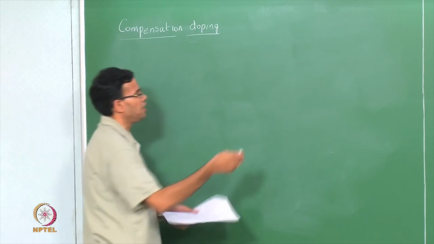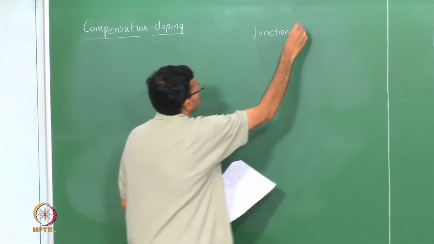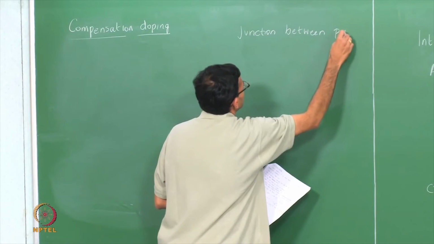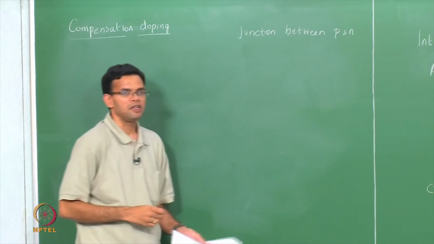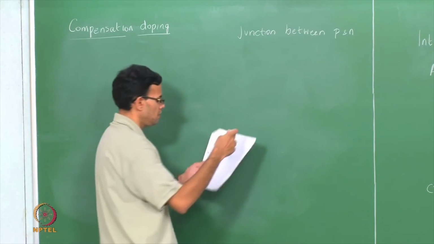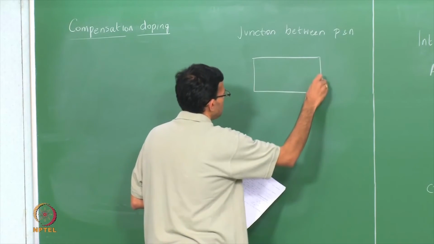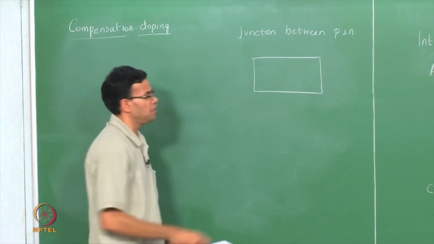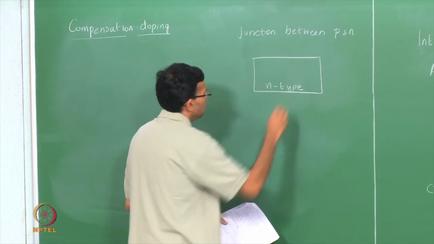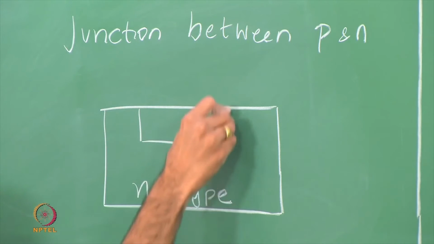So, let us say we are trying to form a junction between p and n type materials. Usually we need such junctions when we form devices. We will talk about devices later. One way to form a junction is to start with a material that is completely n type and then dope a certain region of the material p type.